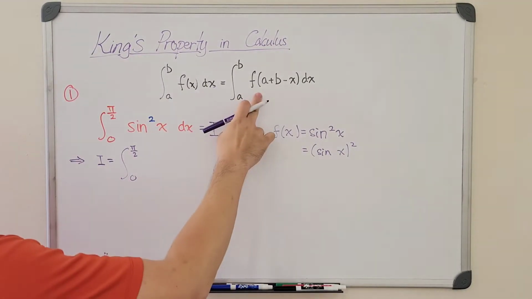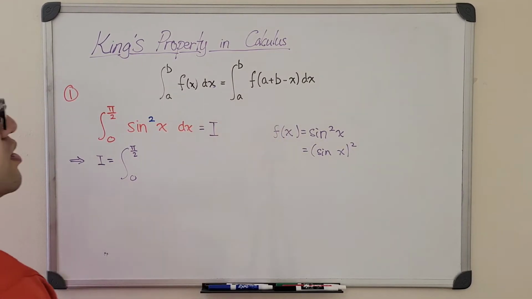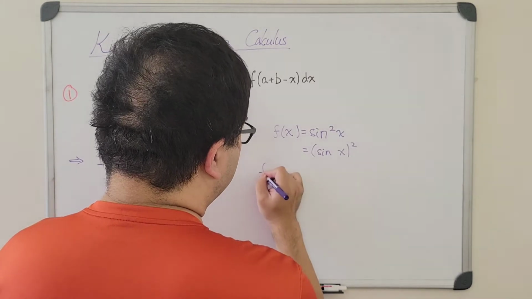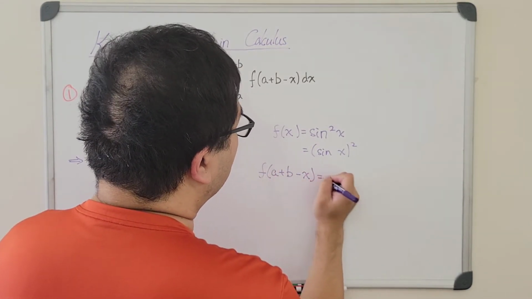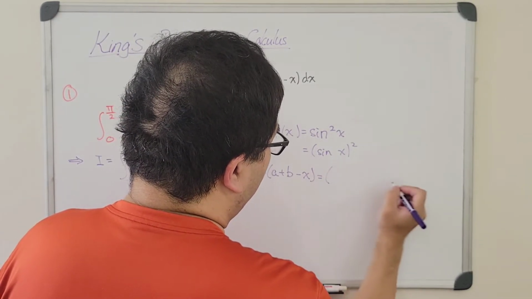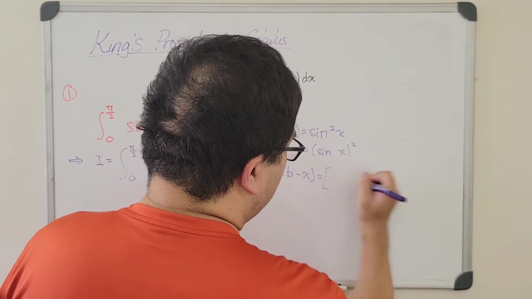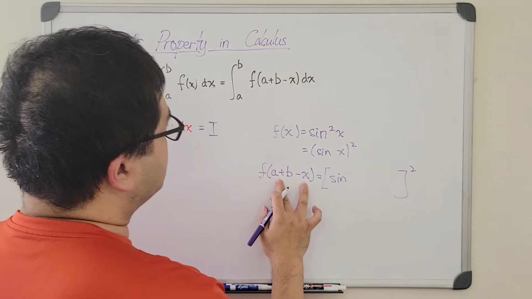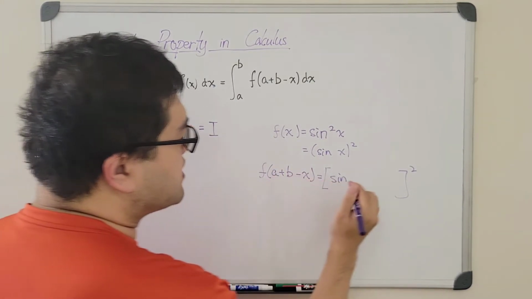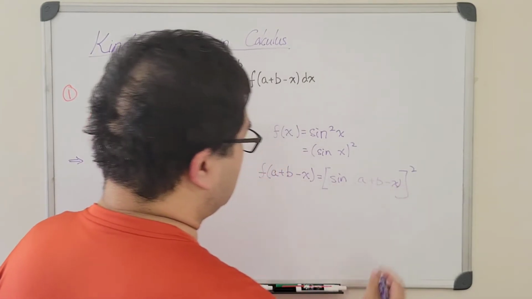Okay, so now how do we turn it into this expression? We get f of a plus b minus x equals, well, let's see. We still have the square outside. Now, instead of sine of x, we need to replace the x by everything inside in the input, like this.